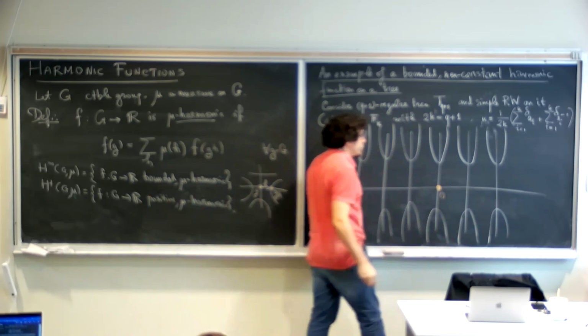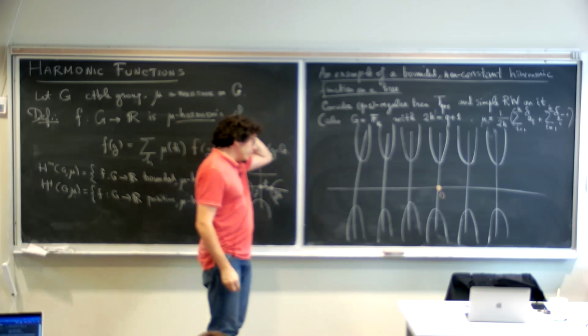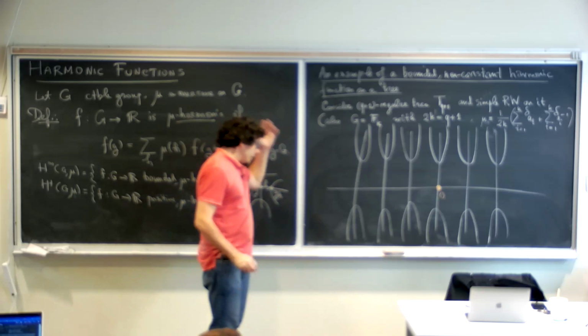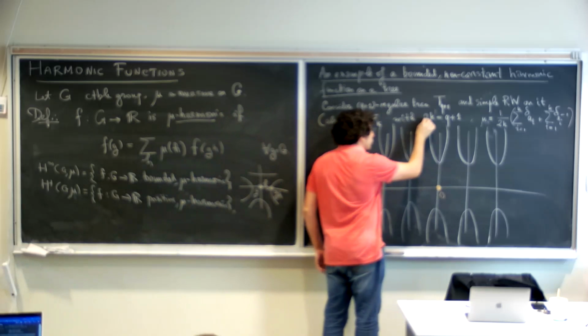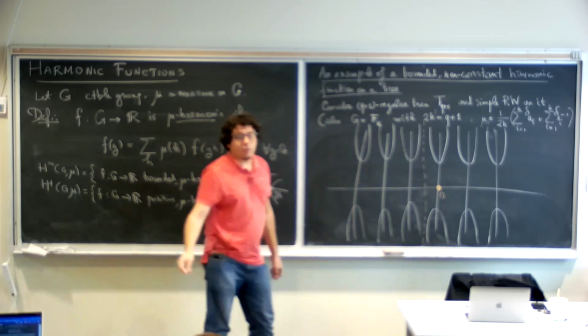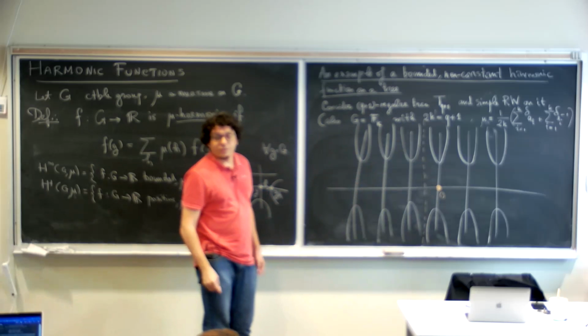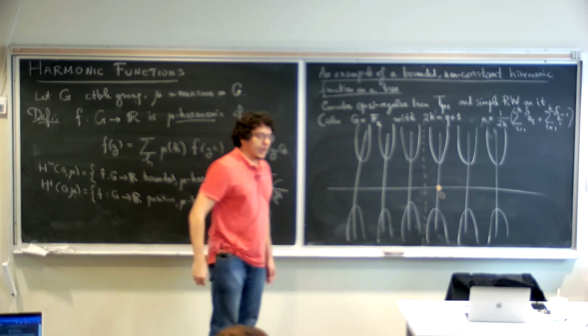Say this is our origin. And the idea is it's somewhat not so hard to construct a function which is harmonic, say on the right-hand side of this. And we saw last time what is the trick.